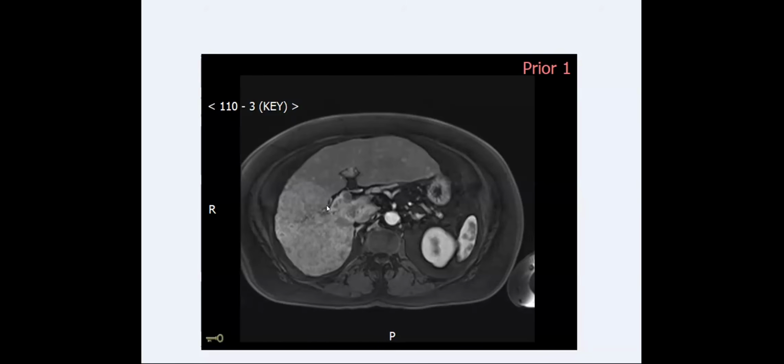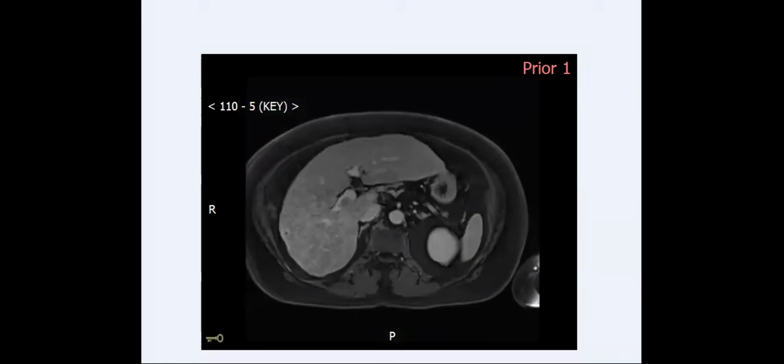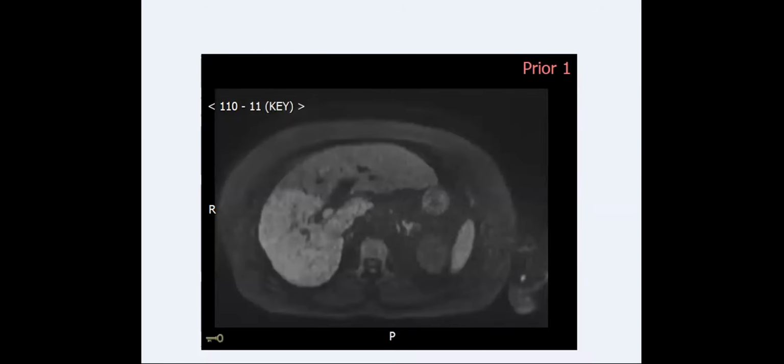Yeah, correct. There's tumor thrombus. And that's what's causing the perfusional abnormality, but also just a massive infiltrative process. So given all those findings, I would say HCC. On the diffusion, you can see really nice infiltrative restricted diffusion and tumor thrombus. Absolutely.